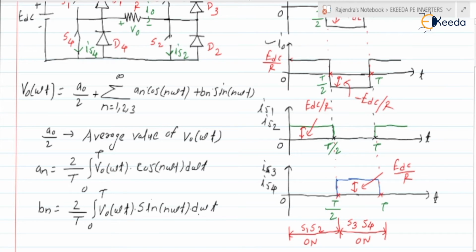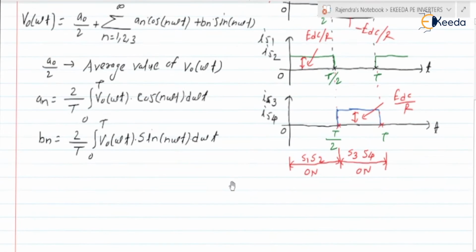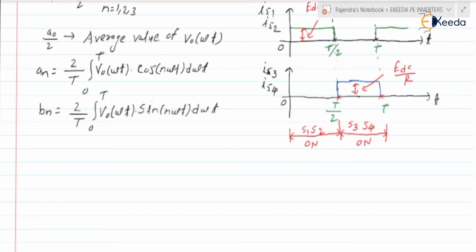Also, we have the conclusion from the Fourier series that an is equal to 0 for an odd signal or odd function.